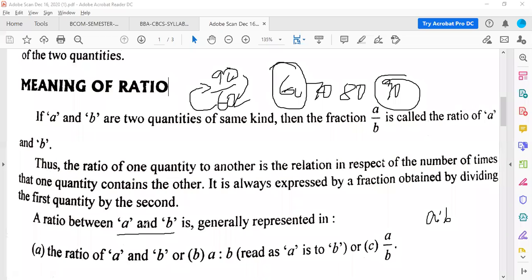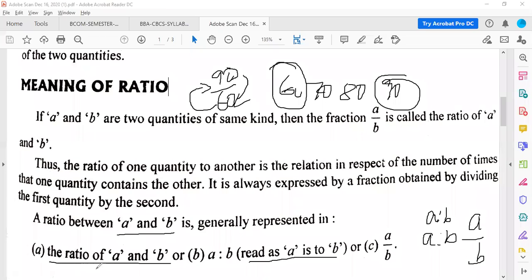So the ratio between A and B is generally represented as the ratio of A and B, or they can just write it as A is to B. It is read as A is to B, or you can also write it as A by B. This also will be accepted.